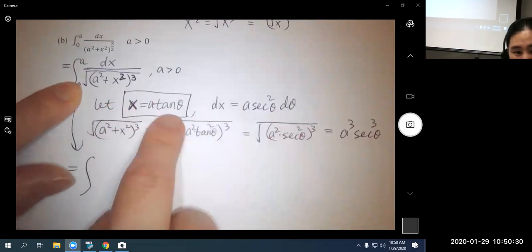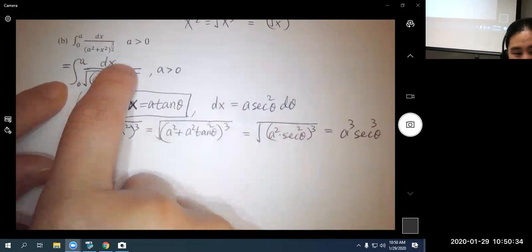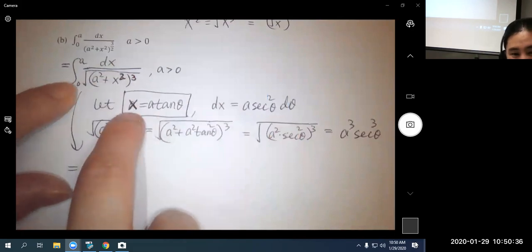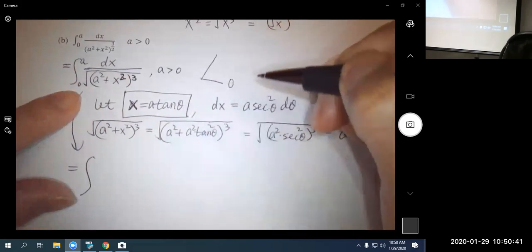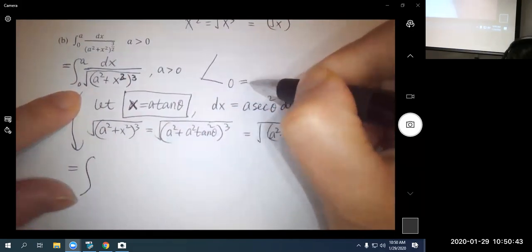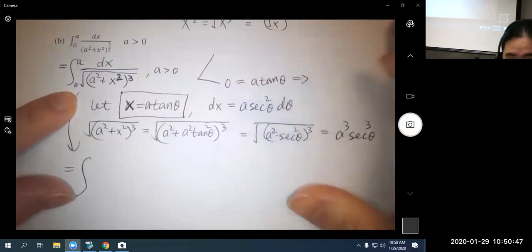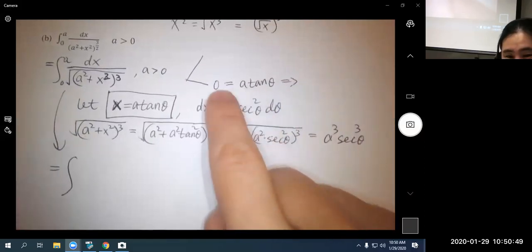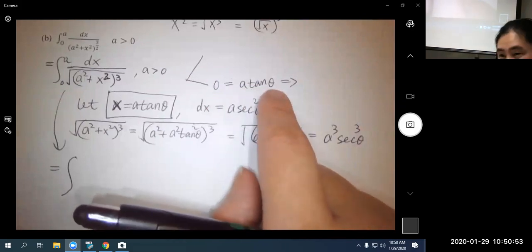So by using this substitution, when x equals 0, 0 equals a times tangent theta. Tangent theta must be 0, right? So tangent theta equals 0, theta will be what?